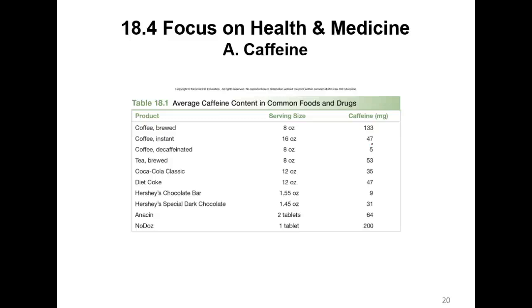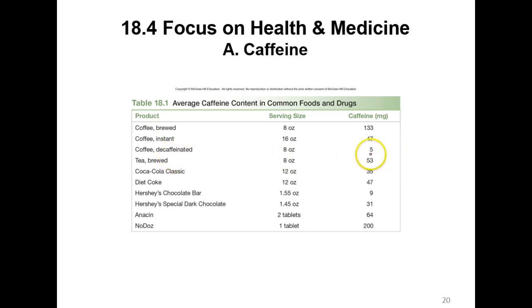If you know what a French press is, using a French press has one of the highest amounts of caffeine. The reason is because the coffee just sits in the hot water, it simmers in the hot water for a long time, and it's able to extract out a lot more of that caffeine. But instant coffee doesn't have as much caffeine.